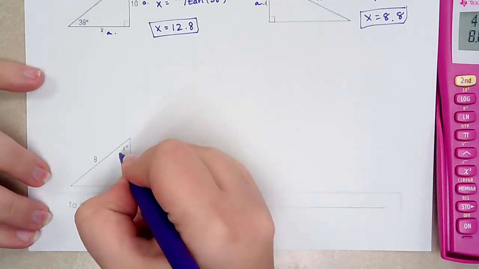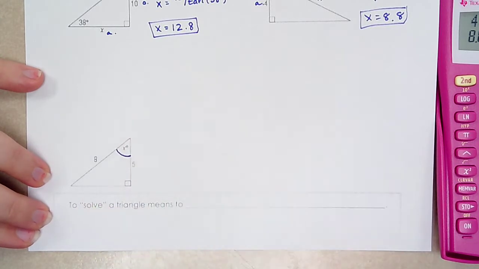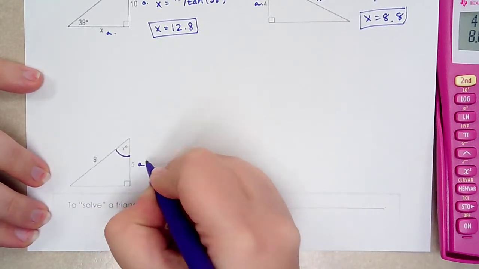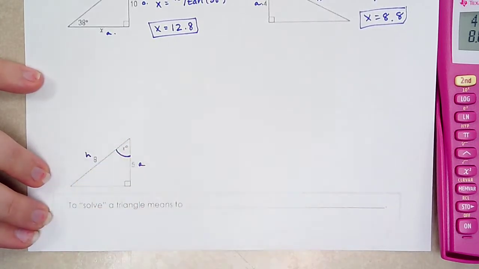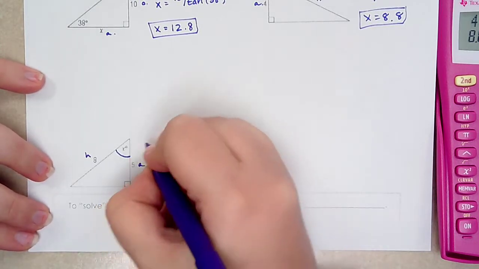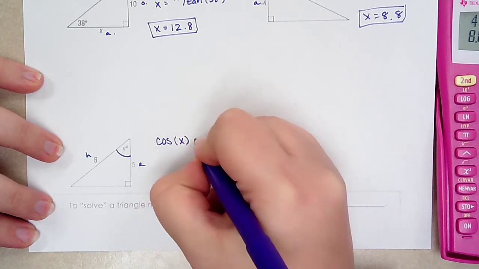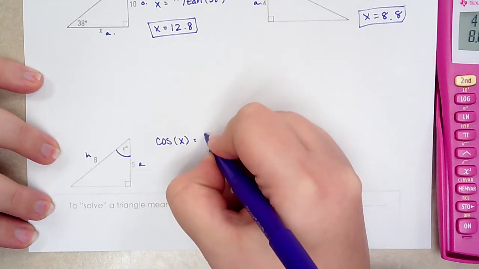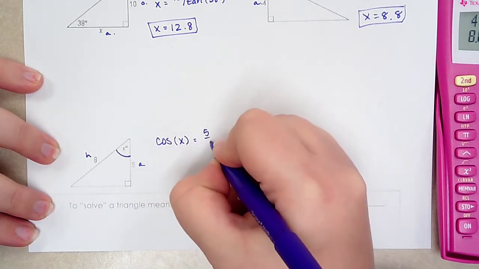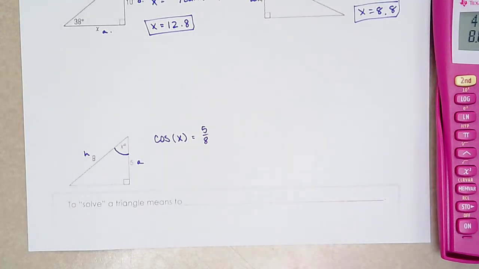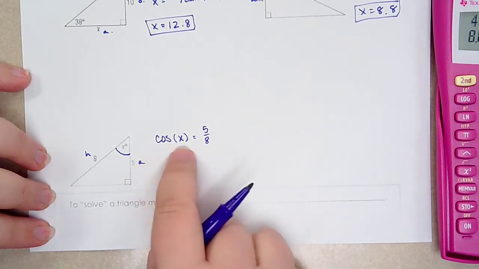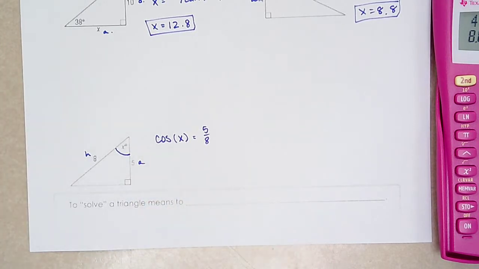If you gave this one a shot, you should be able to set up a ratio because we notice we have the adjacent side and the hypotenuse, meaning this is another cosine. So cosine of x is equal to adjacent over hypotenuse, so 5/8. However, even though we have a number over here, that's what cosine is equal to, not x itself.